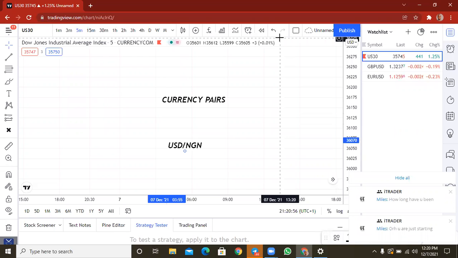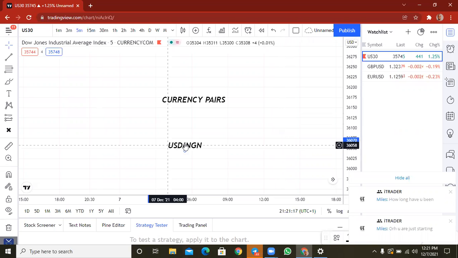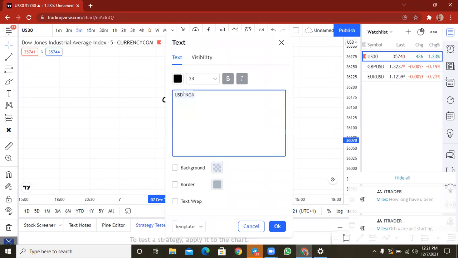So in forex terminology, there is the currency that comes first and the one that comes last. The currency that comes first is regarded as what? The base currency. And the currency that comes last is regarded as what? The quote currency. So I'm going to do a little split right here so I can easily understand.